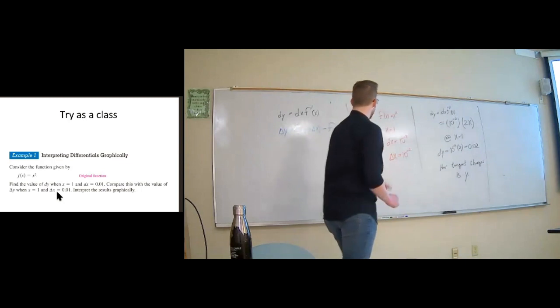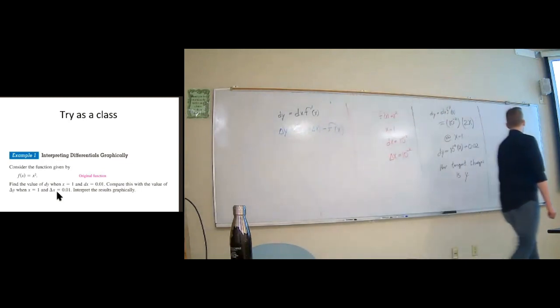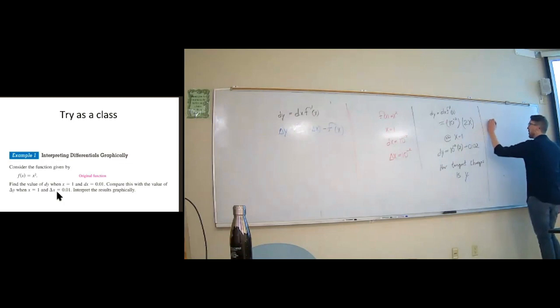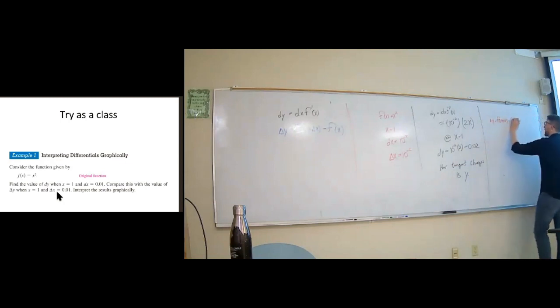Now, looking at delta y, well, delta y is equal to f of x plus delta x minus f of x. So this is going to be equal to 1 plus 10 to the negative second minus 1, right?